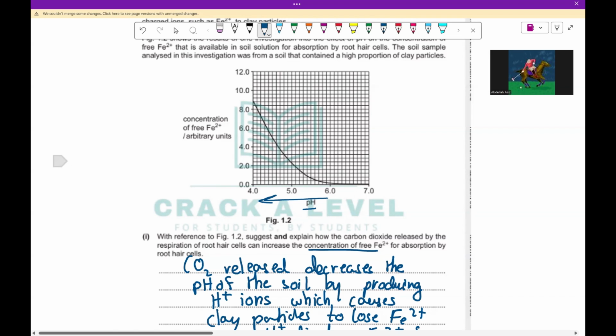Acid produces H plus ions in aqueous solution, and we know that the acid reduces the pH of the solution, right?